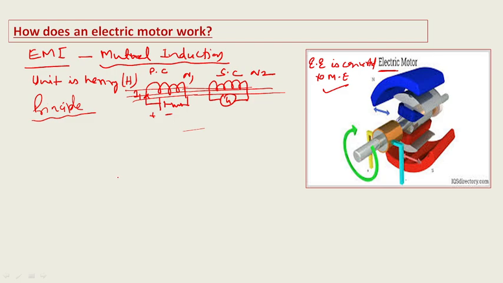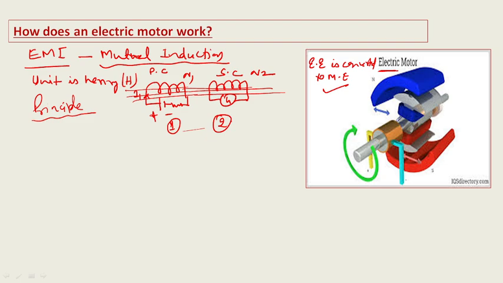How does it work? It works by placing two coils, the first coil and the second coil, close to each other. They are close to each other, but physically they are not touching. When we make the current change in the first coil, it makes the magnetic field change also.